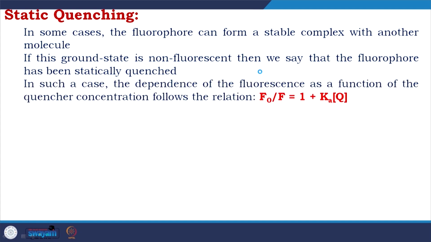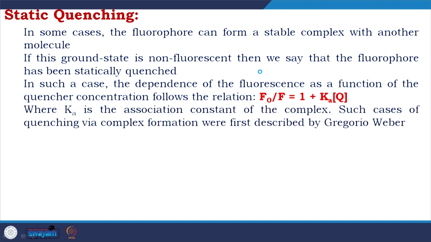In such a case, the dependence of the fluorescence as a function of the quencher concentration follows the relation F0 by F equal to 1 plus KaQ. So, KSV, the Stern-Volmer constant, is now replaced by Ka, where Ka is the association constant of the complex. Such quenching via complex formation was first described by Gregorio Weber.